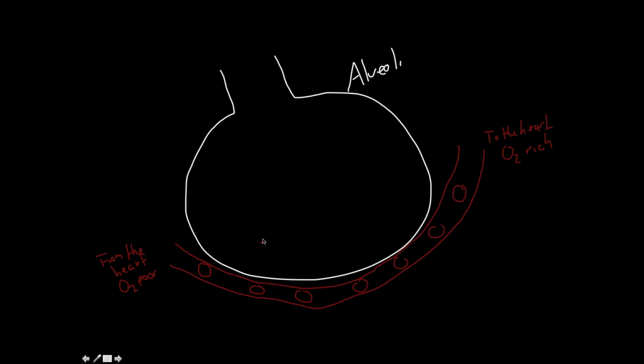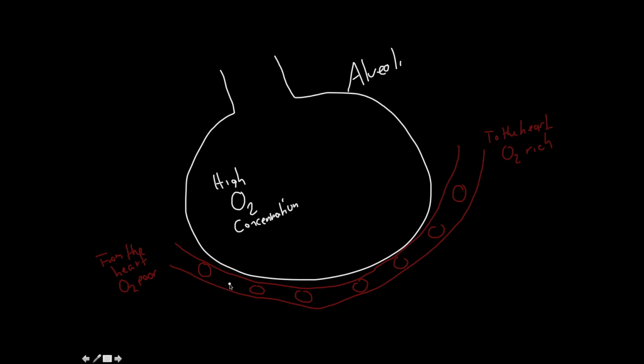So, on the inside of the alveoli, when we breathe in, the air goes all the way through the nasal cavity, past the pharynx, through the trachea, through the bronchi, into the bronchioles, and finally dead ends here in the alveoli. That air breathing in is oxygen rich. So we're going to say high O2 concentration inside the alveoli.